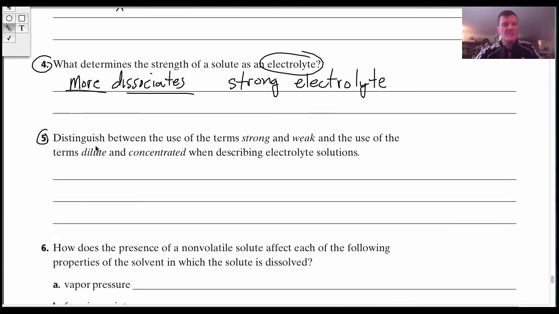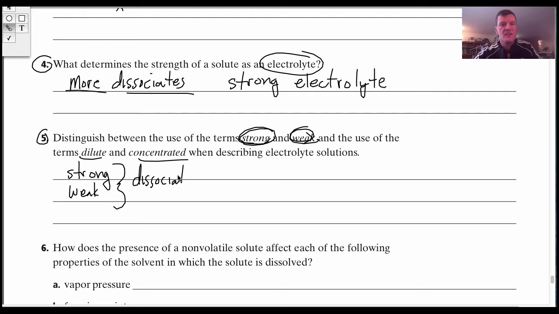Number 5 says distinguish between the use of the terms strong and weak and the use of the terms dilute and concentrated. Okay, well, strong and weak usually refer to how much something dissociates into ions.